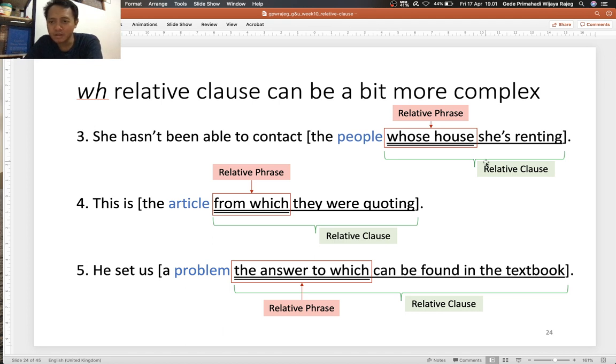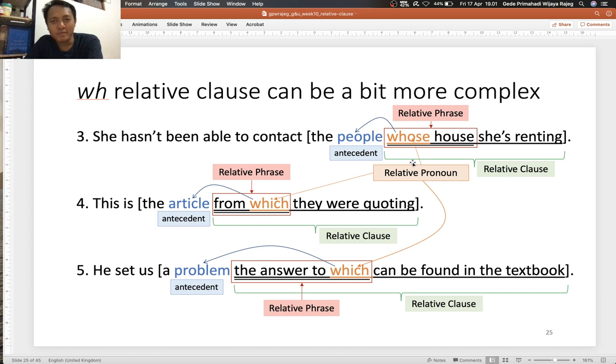So these are all relative clauses, which are marked by the green line, and these are the relative phrases. Okay, even though the relative phrase consists of more than one word, there is only one relative pronoun inside it. There is only one relative pronoun that has the head noun as its antecedent.